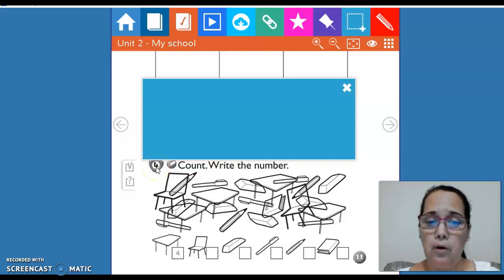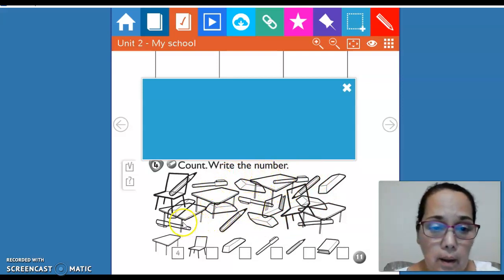On activity 4, you are going to count and write the number. Count, write the number. This is an example. What's this? It's a table. How many tables are here?